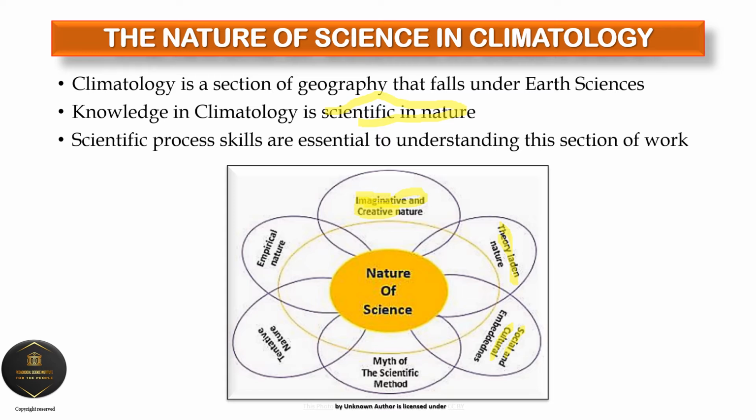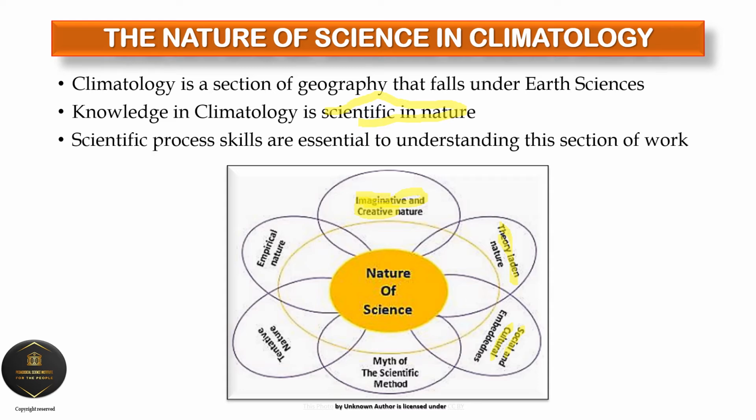That's why you are always asked about cause and effect. In your paragraph question, you'll be asked, how does flooding affect humans? So it has a social aspect to it. The nature of science puts emphasis on that, and in climatology we look at that a lot to say, how does this system affect humans?